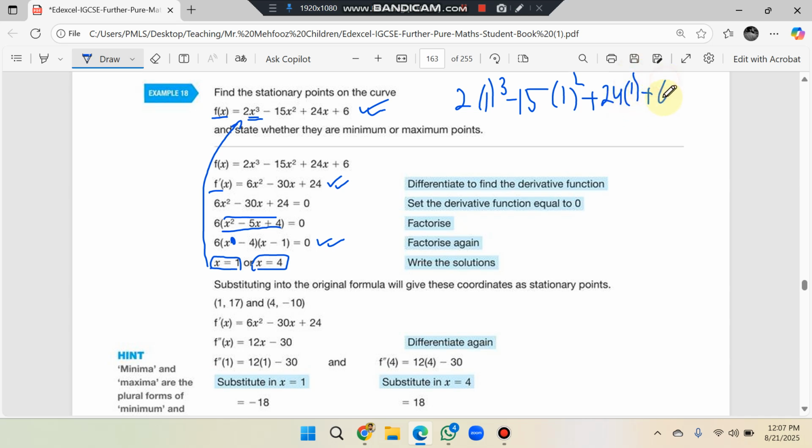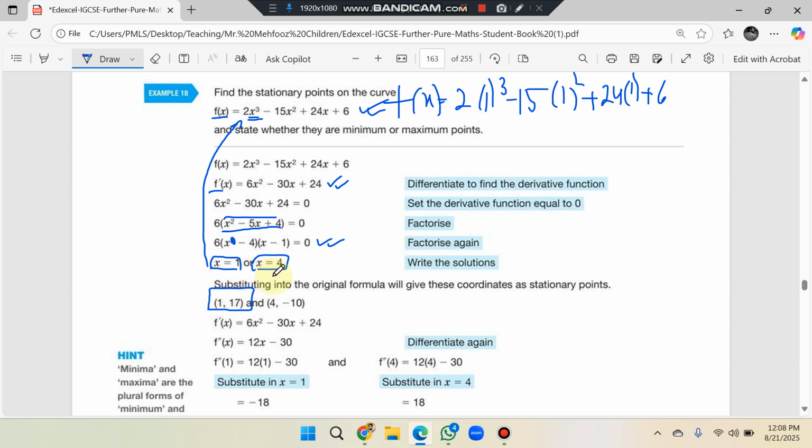When we simplify it, your answer of f of x, which is basically y, is 17. So this point is generated by substituting x equals 1.